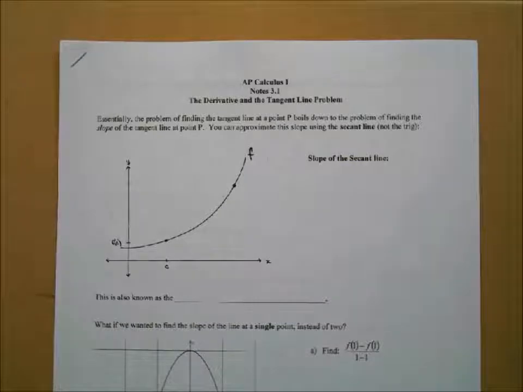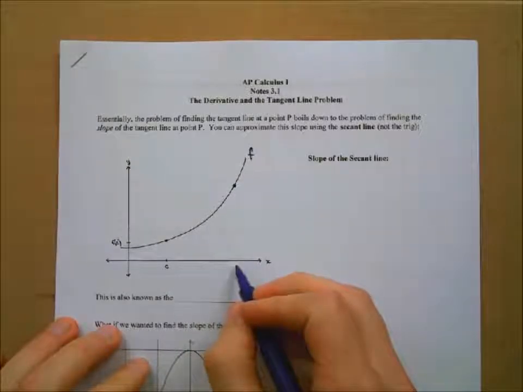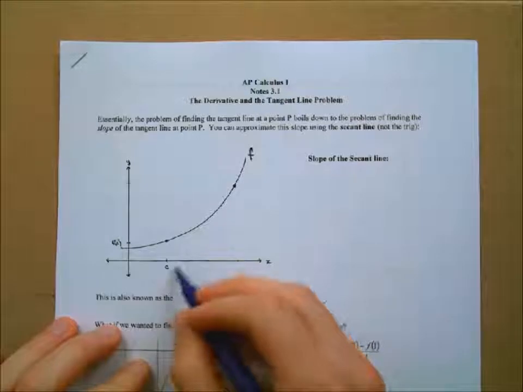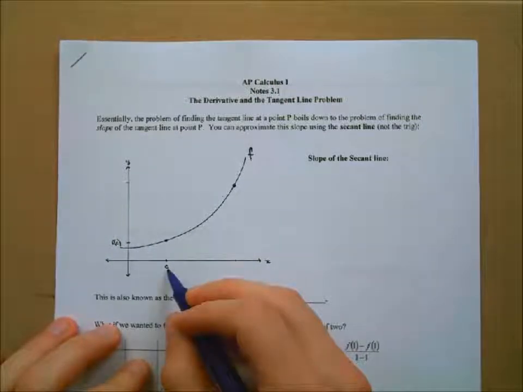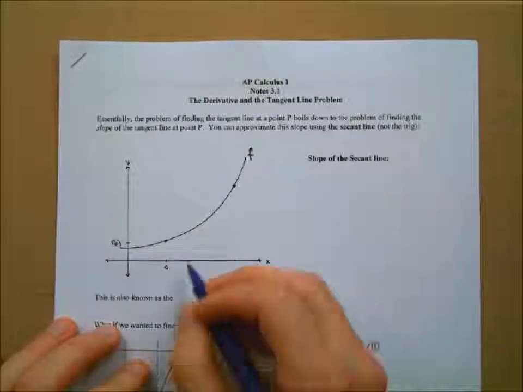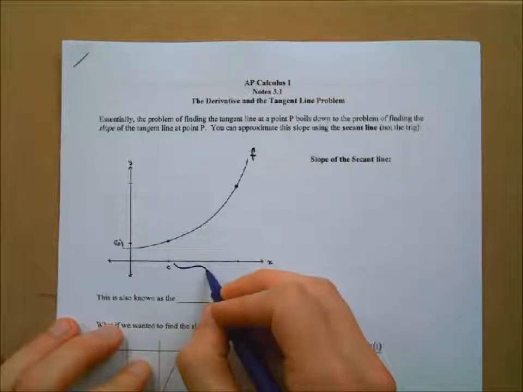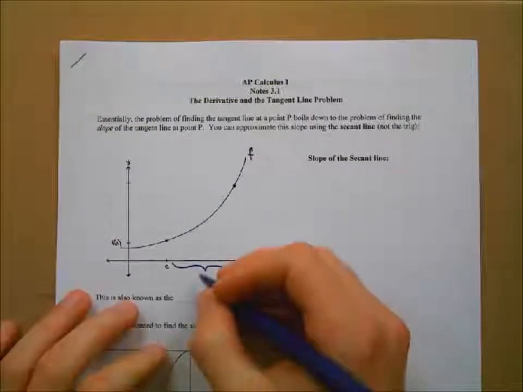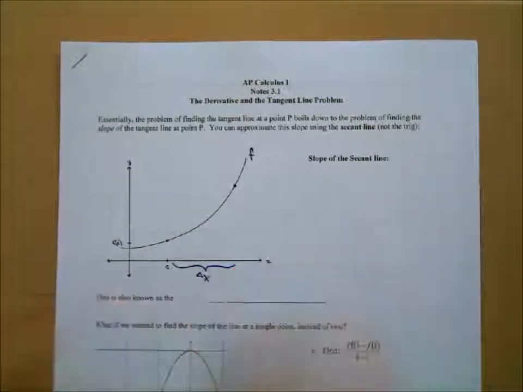Now we're going to set this up in a slightly unique way, though. We're not going to just come up with some random variable here that then matches to these 2 points. We're instead going to think of this as we have a point C, it's matching point f of C, here, the matching y coordinate there, f of C. We're going to go out some length here, and we're going to call that length delta x, a change in x.